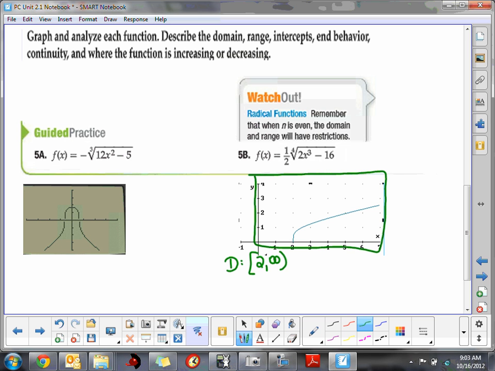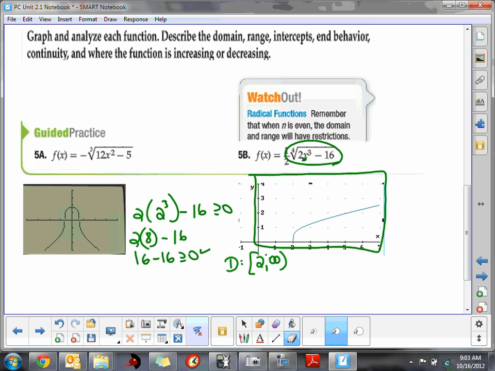And if you don't trust that just from the graph, you can always plug in the 2 there and make sure that 2 times 2 cubed minus 16 comes out to be greater than or equal to 0. So 2 times 2 cubed is 16, and 16 minus 16 is 0. Is that greater than or equal to 0? Yep, it's equal to 0, so therefore we have the right number.